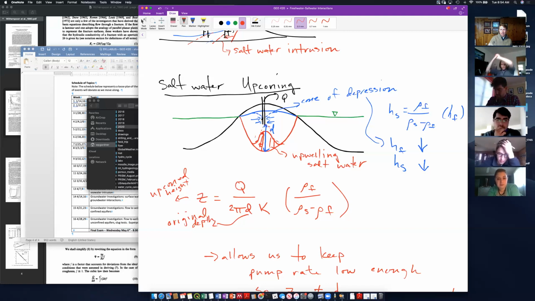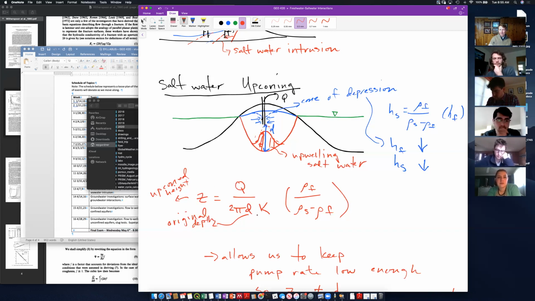Because if Z is less than D, the change from the original depth to the new location is less than the total original depth. So as long as Z doesn't equal D, I'll still be producing fresh water.